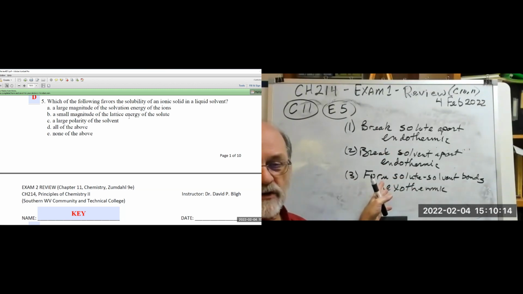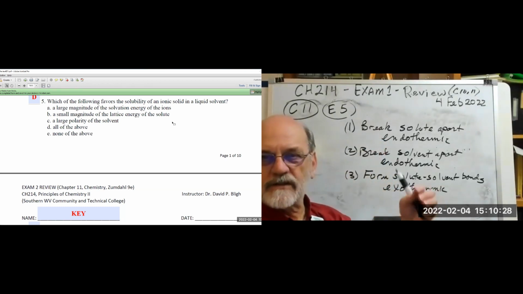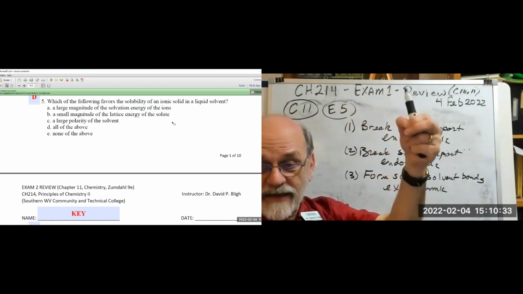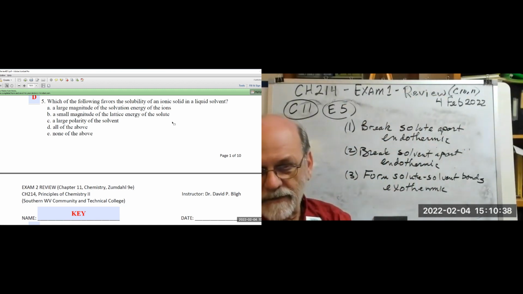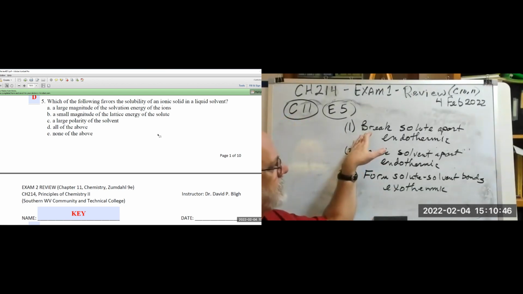A small magnitude of lattice energy of the solute. Lattice energy is going from individual ions in the gas state to a solid. A small magnitude of lattice energy means it takes only a little bit of energy to get them apart.